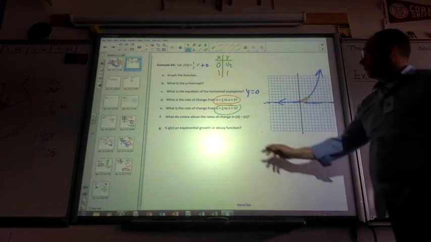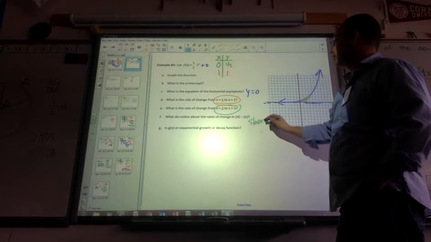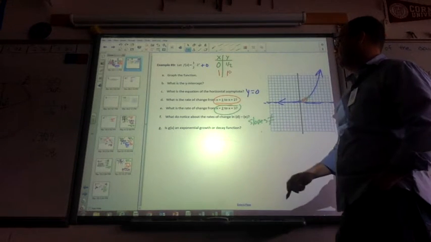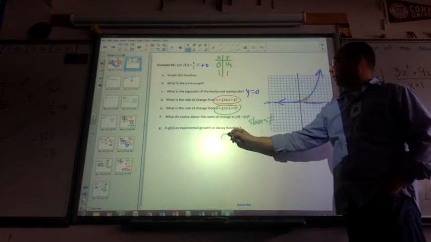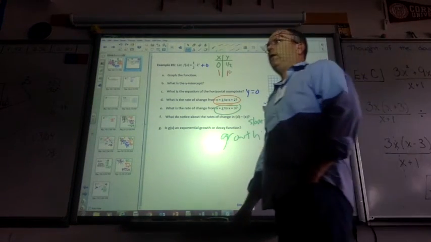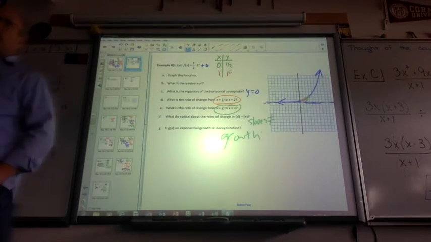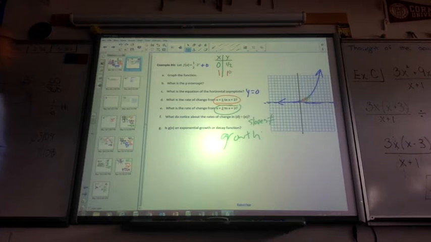Yeah. Slopes are not equal to each other. Is this growth or decay? We already said it was growth because as you go to infinity in the x direction, the y direction goes away from the asymptote.